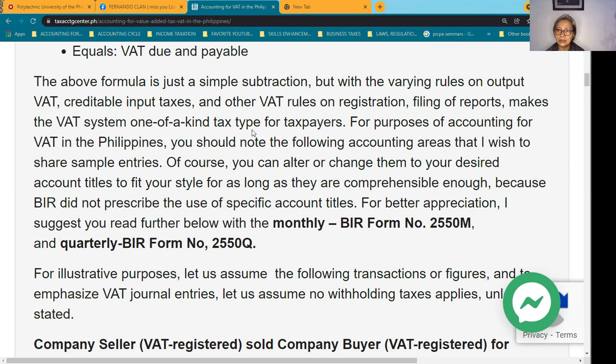Pag sinabi mong input tax refundable, gusto mong kolektahin from the BIR yung excess input tax. Pag sinabi mong input tax creditable, gusto mong i-apply yung tax credit na yon sa susunod na VAT period, kasi baka mas malaki yung output mo next period.